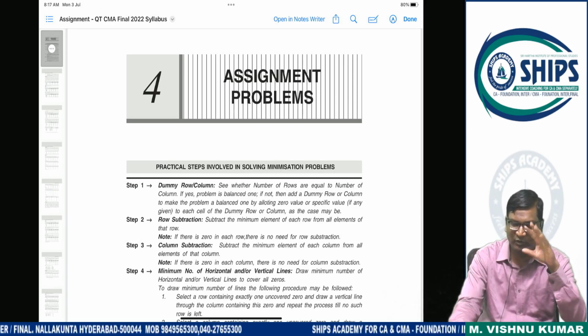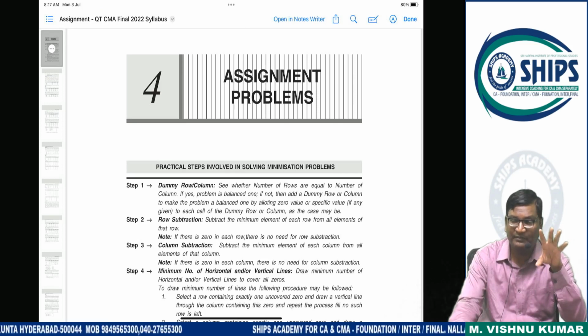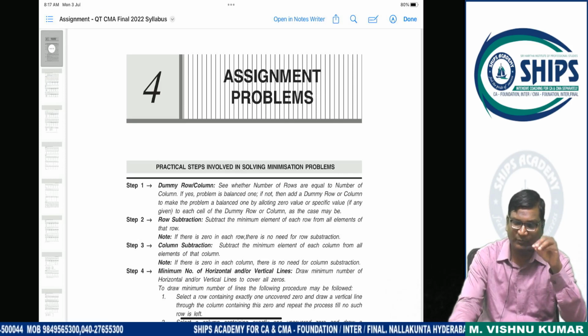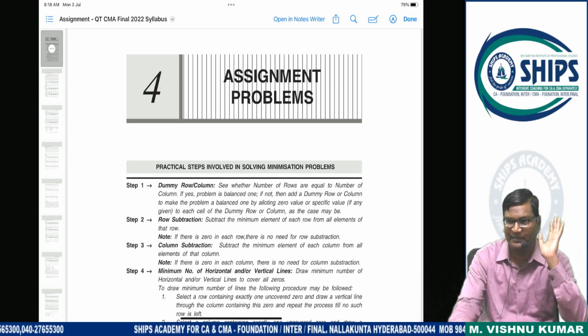He should concentrate on one particular area only, and your cost should be minimum and your profit should be maximum. This is actually assignment.